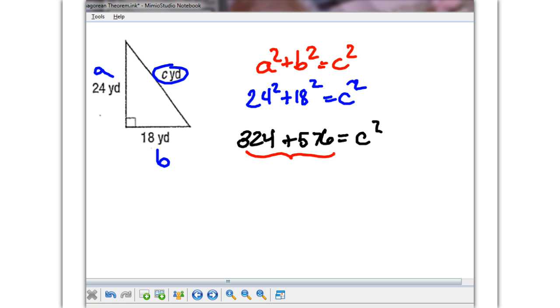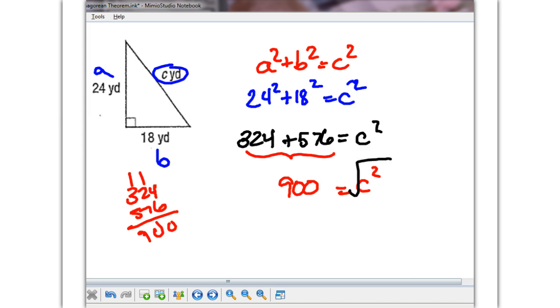So now we'll add these together. Just to show you that we can not just rely on a calculator all the time here, we get 900 equals c squared. And then that means what number multiplied by itself is 900.